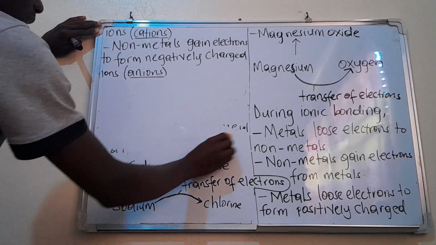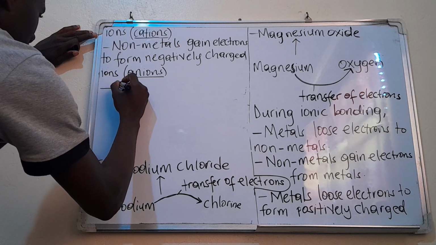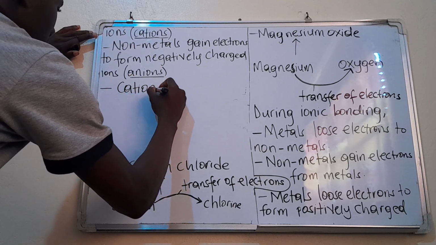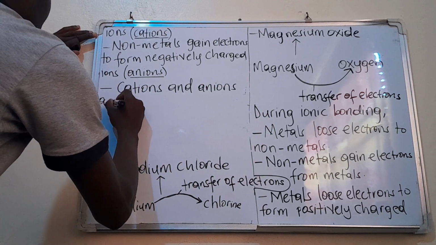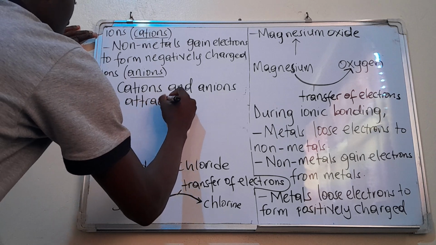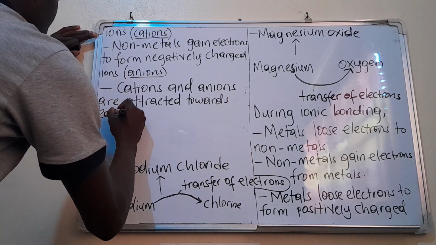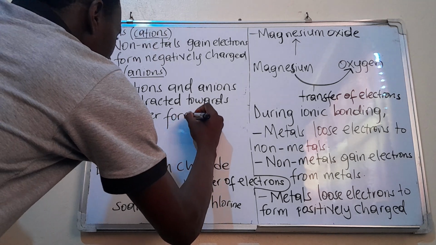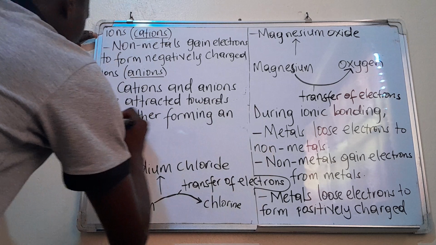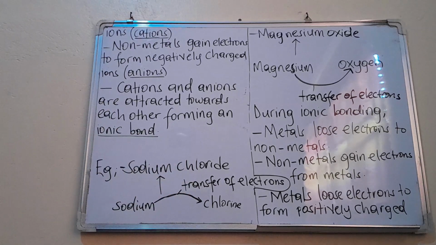So cations and anions are attracted towards each other, resulting in the formation of an ionic bond.